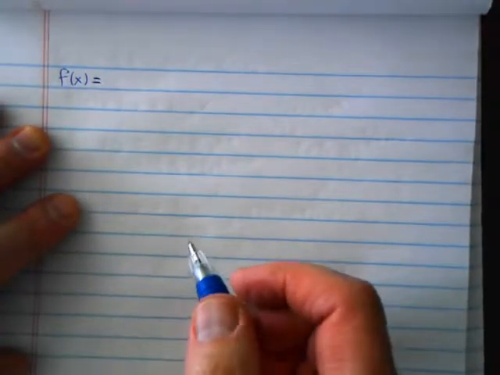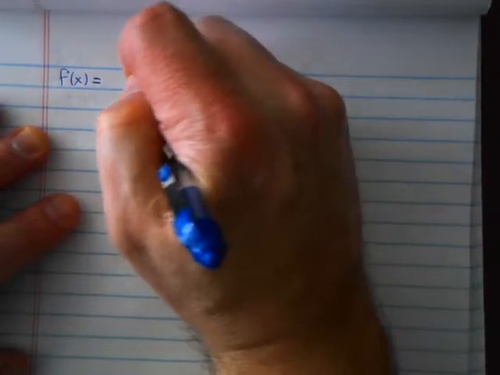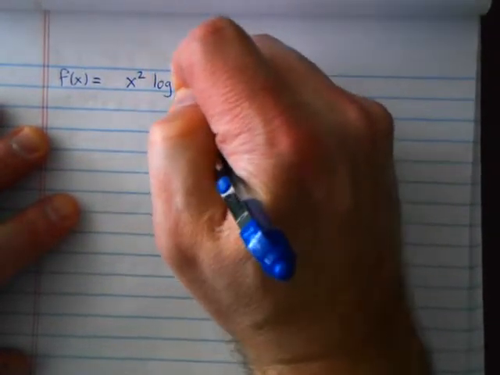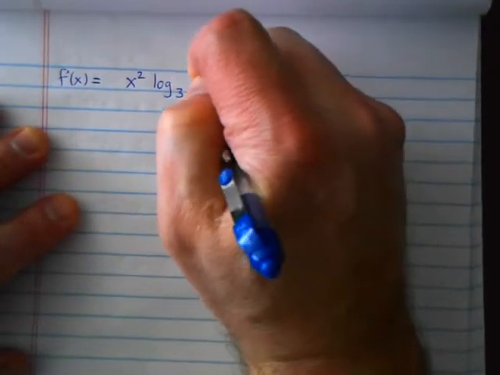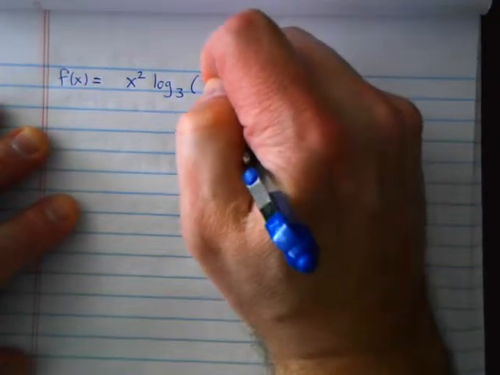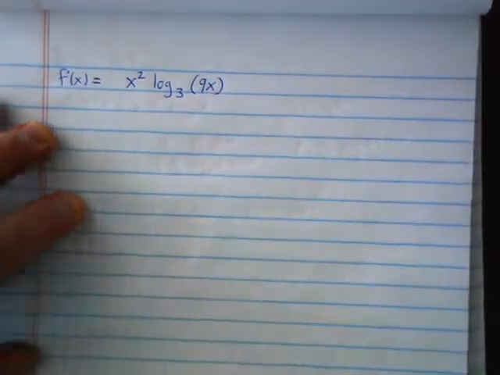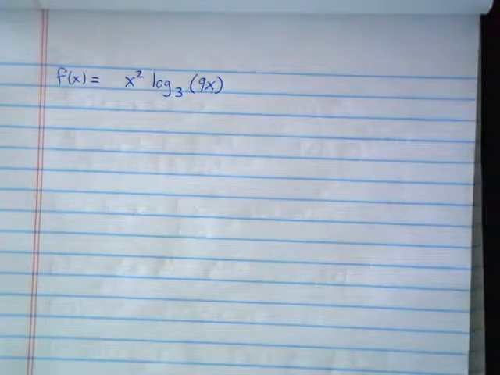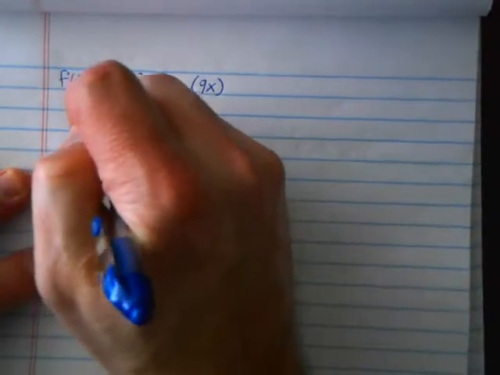One more of these, and then we'll talk about e's. How about f of x equals, I don't know, how about x squared log base 3 of 9x. What's the derivative?